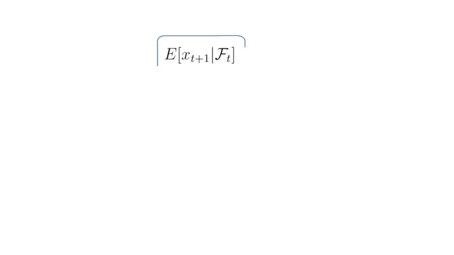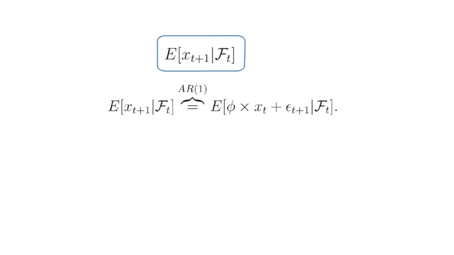So conceptually, the conditional one step ahead forecast for xt plus 1 is defined as the expectation of xt plus 1 conditional on Ft. Now just plug in the AR1 data generating process for xt plus 1 and you see that the conditional expectation is nothing else than the conditional expectation of phi times xt plus epsilon t plus 1, and you condition on Ft.